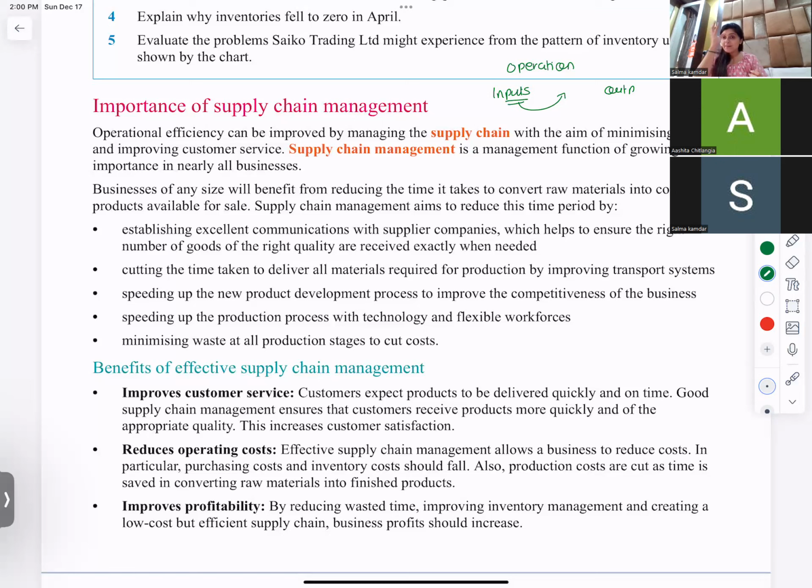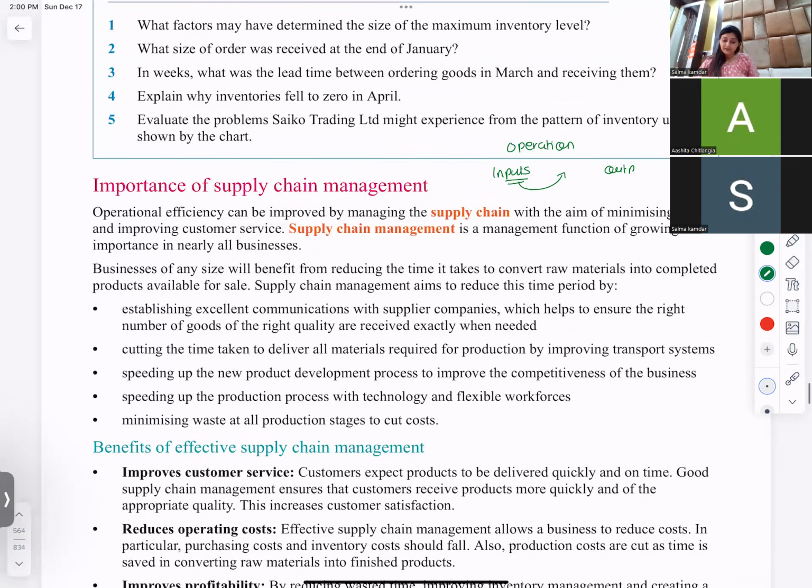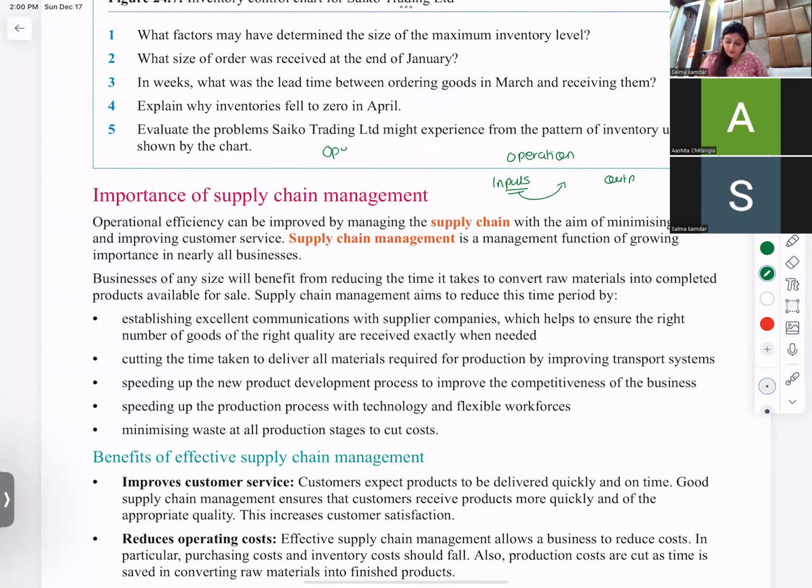So this is your manufacturing operations. And how can you increase the efficiency of your operations? When I'm talking about operations, I'm talking about the quality production from input to output, the transformation of inputs to output.